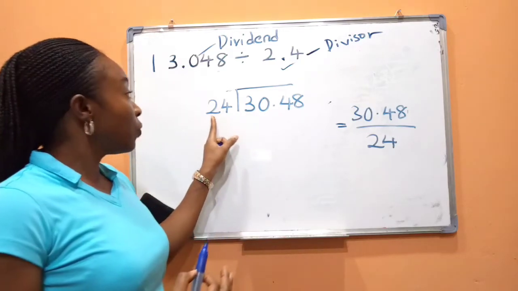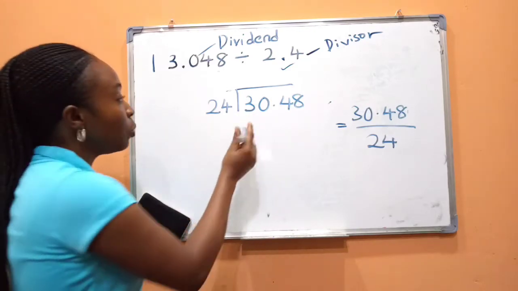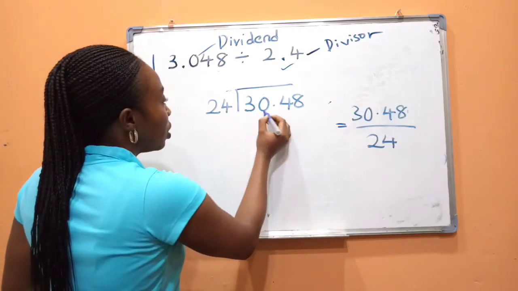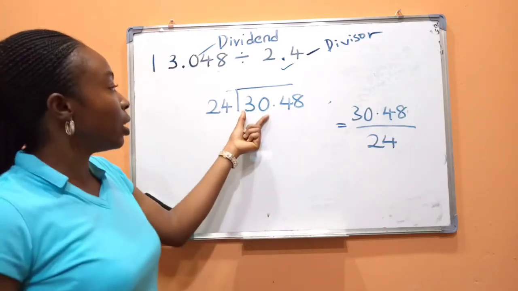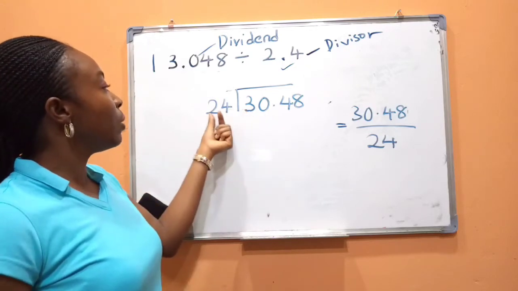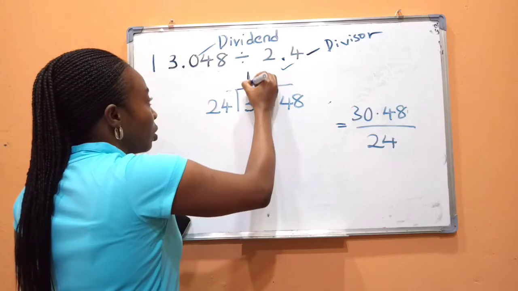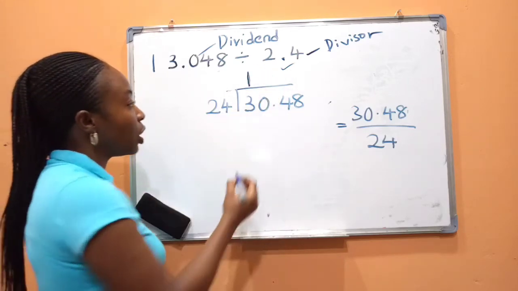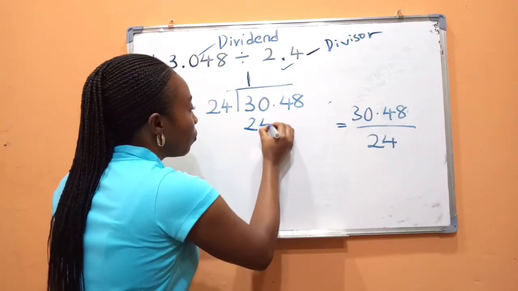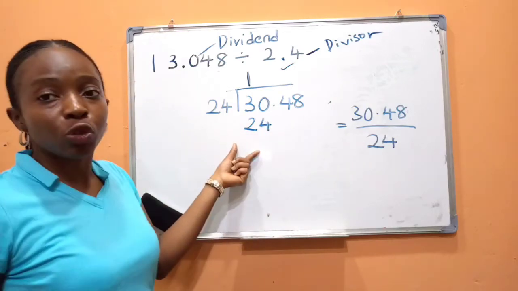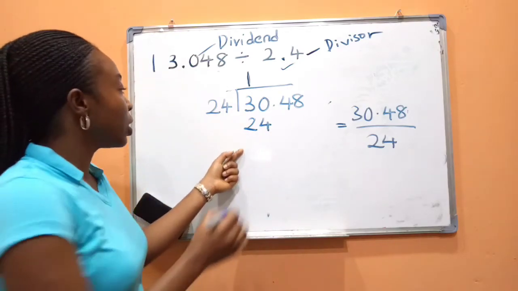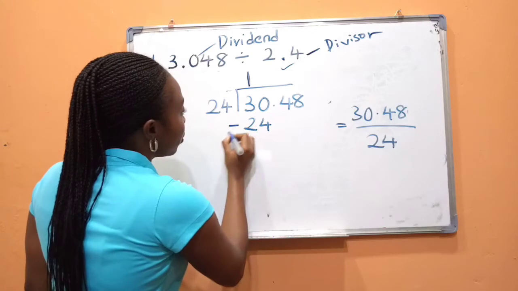It cannot, 24 cannot go into 3, right? So we're going to pick the two numbers, all right, having 30 now. So we can say 30 divided by 24, we are going to have 1. Then we say 1 times 24 gives us 24. Now once we do this, we introduce the minus sign, okay? So we're going to have minus here.